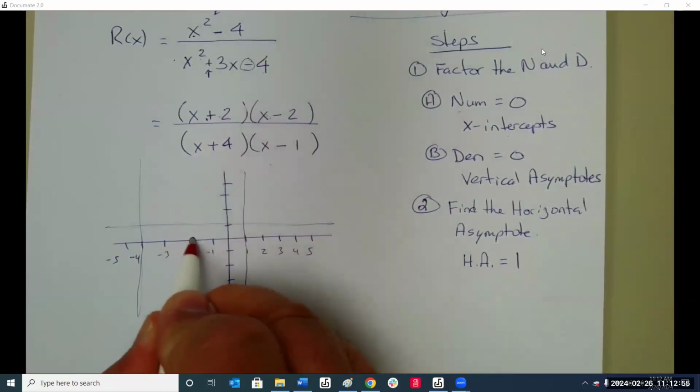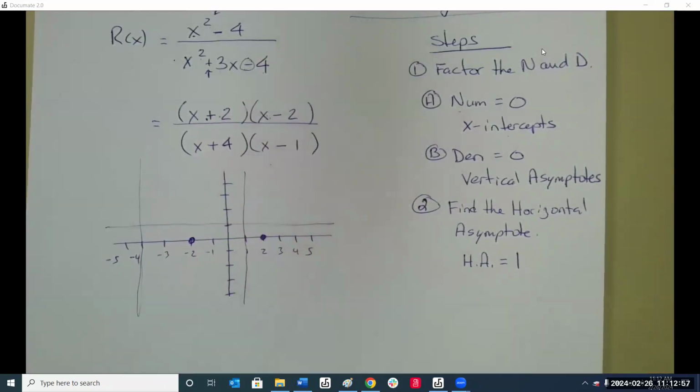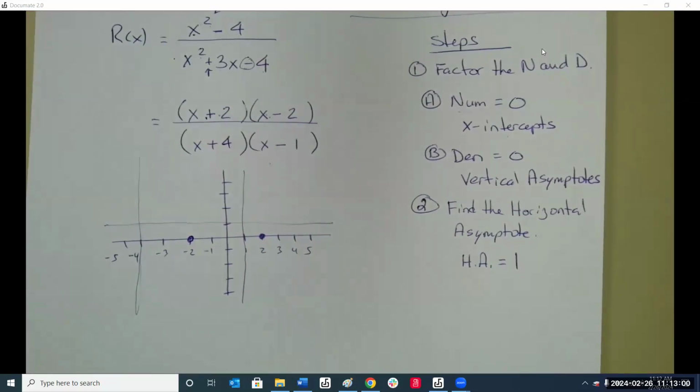So we got negative 2 and positive 2. How do we find the y-intercept?